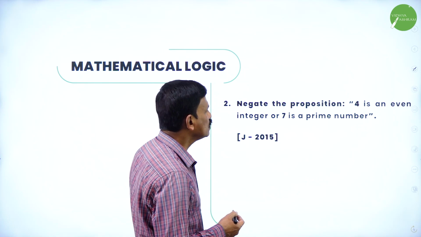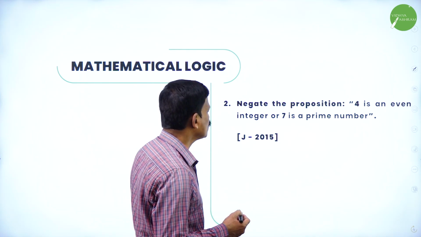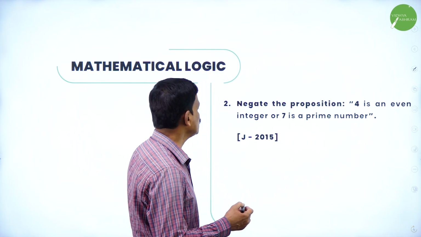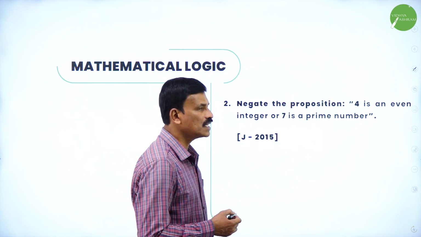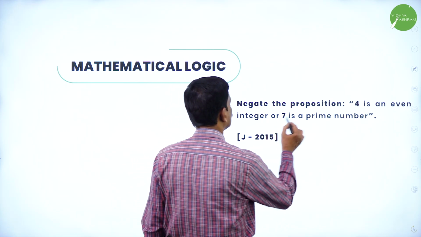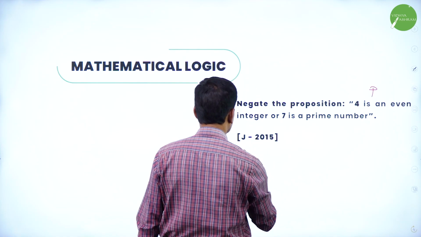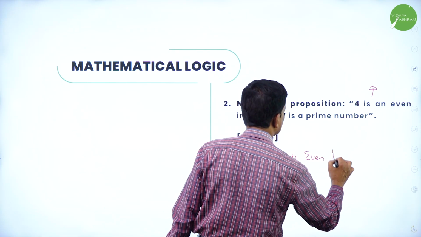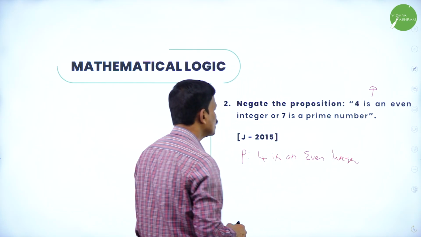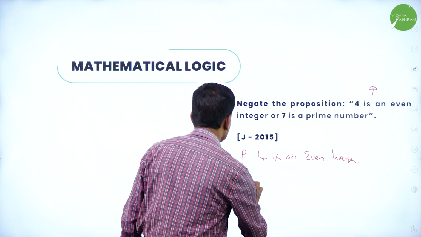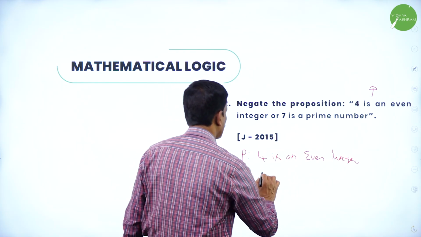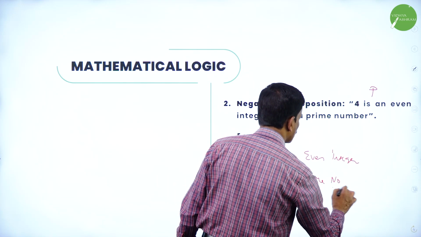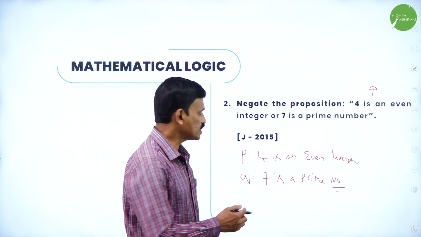Negate the proposition: 4 is an even integer or 7 is a prime number. The statement is given. Here P is 4 is an even integer, and Q is 7 is a prime number.